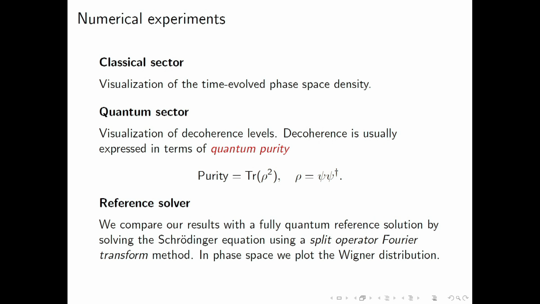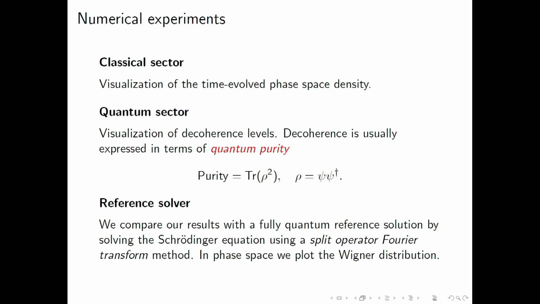So what do we look for? In the classical sector, we just visualize the time-evolved phase space density. In the quantum sector, we look for a measure of decoherence, which is given by quantum purity. Quantum purity is basically the trace of the square of the density matrix rho, and it is a measure of how mixed the quantum and the classical system is.